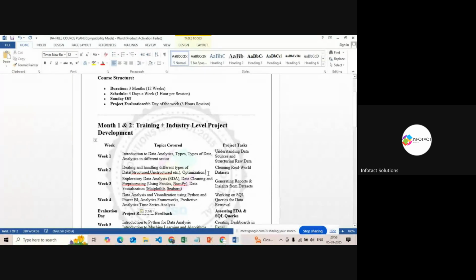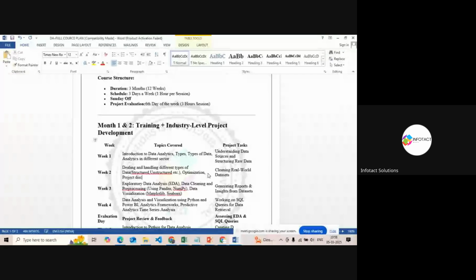And here we'll be discussing the project. Everyone, are you getting it? So when we are talking about data analytics and its types, it's all over.